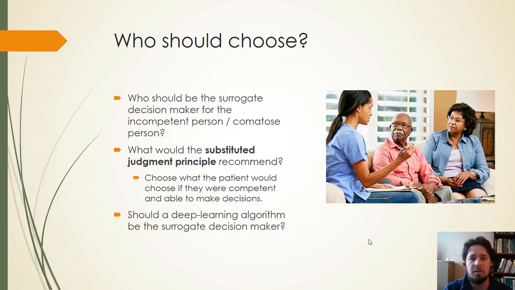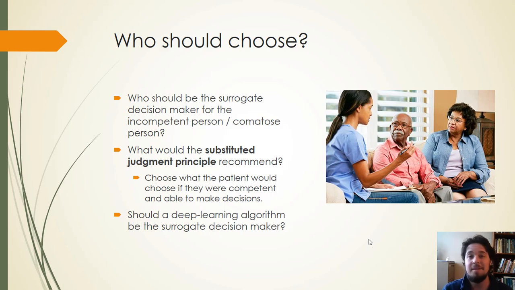Now, a further question about choosing for patients is who should choose for the patient. Ideally, there would be an advance directive, and in that advance directive, the patient would specify what to do in certain circumstances if they lacked decision-making capacity.